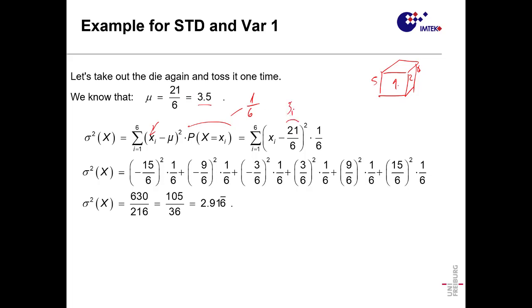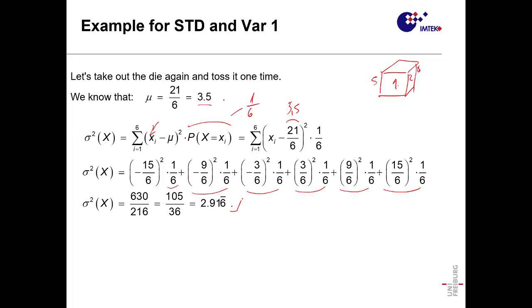If you now just do the subtraction, 1 minus 3.5, and so on for 1, 2, 3, 4, 5, 6, you subtract the mean, or the expected value, and multiply by 1/6, which is the probability. You get all this part of the equation here, then you sum it all together, and you get a variance of 2.916 periodic, whatever.